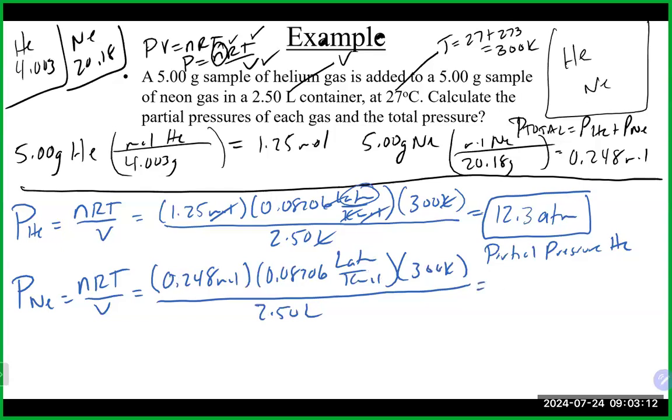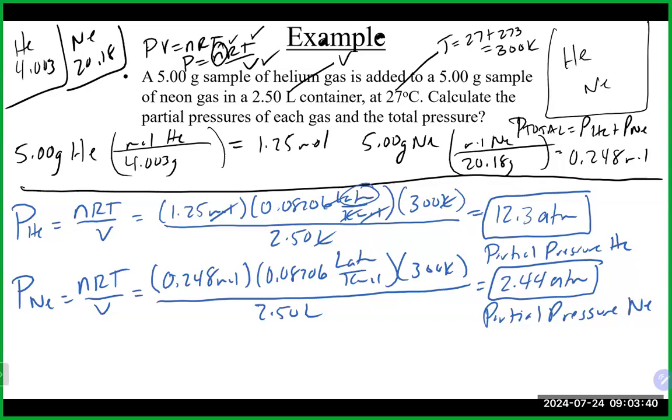Everything's going to cancel out except for atmospheres, just like above. And we will end up with 2.44 atmospheres. That would be considered the partial pressure of neon. Any questions on that calculation there?